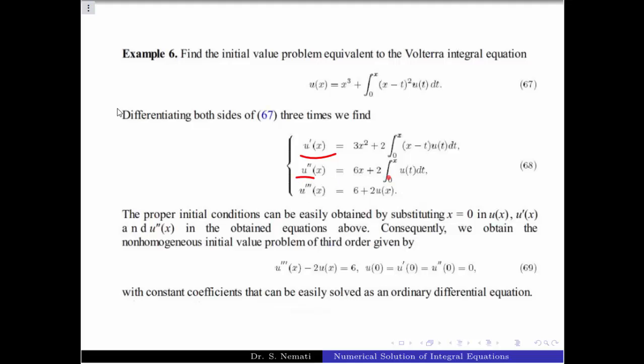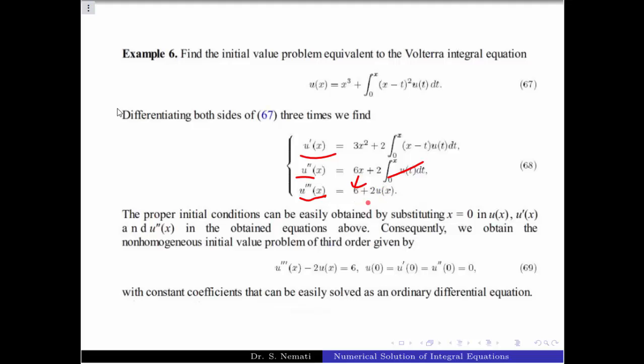And once again, to avoid this integral part, we take the derivative from both sides. So we have the third order derivative of u equal to 6 plus the derivative of the integral part, which gives u of x.